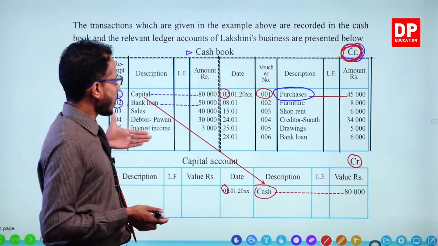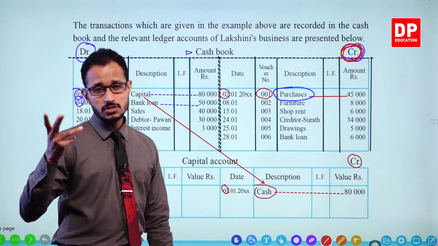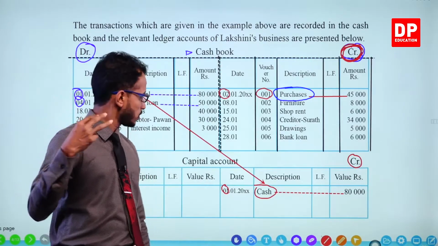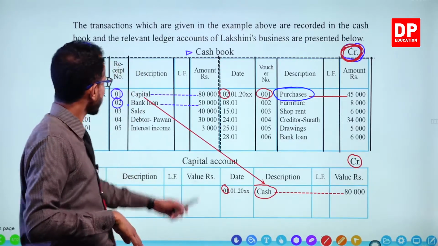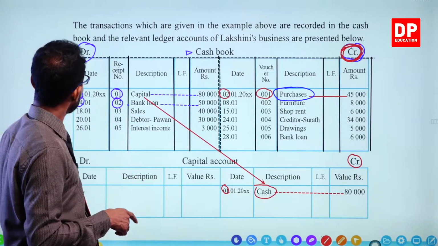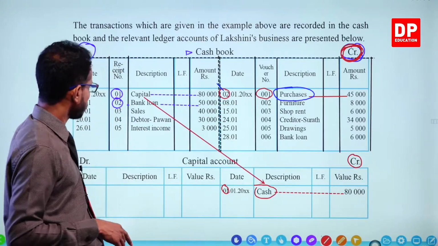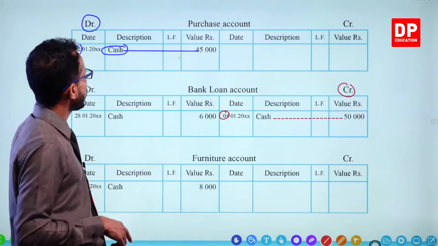In this example, we discussed maybe 3 or 4 transactions. We have done 3 transactions, and they are double entries.